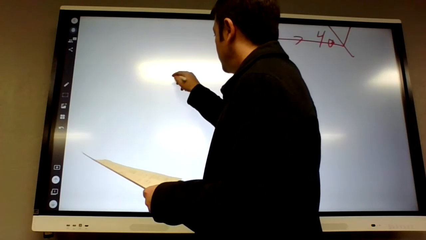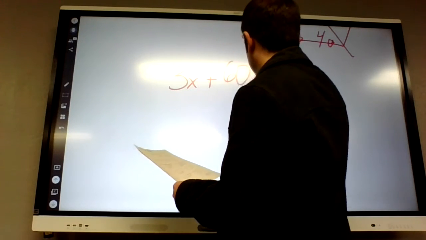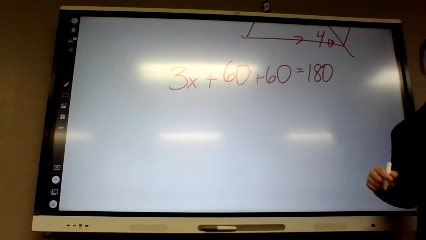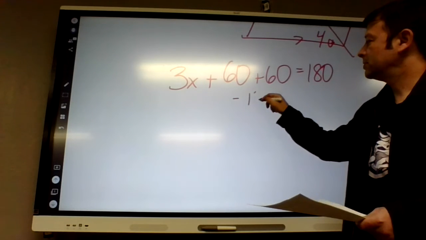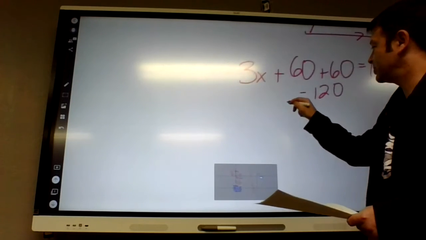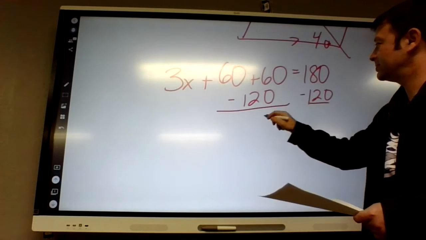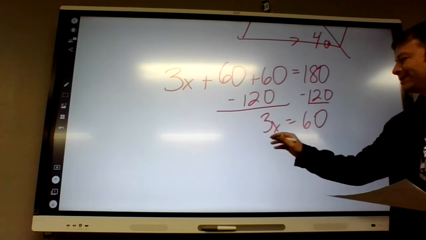Those two consecutive angles should add up to 180. And to find y, 60 equals 5y, so y would equal 12. 60 plus 60 is 120. If I subtract 120 on both sides, 3x equals 60.